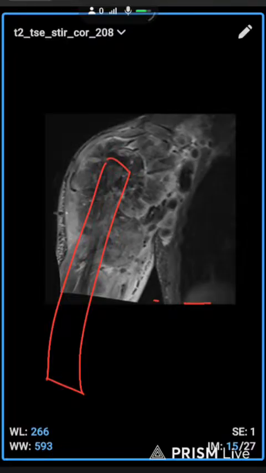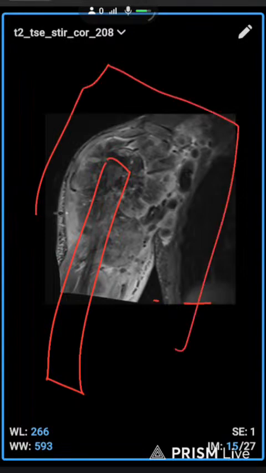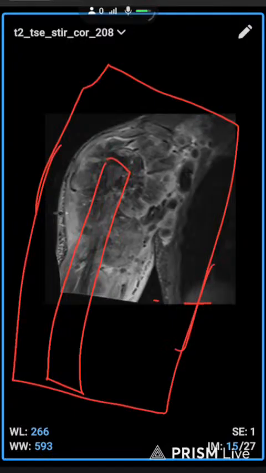So at that point we rely on experience, and we need to increase the FOV or change the sequence. That's because the shoulder sequence does not give a good result unless you increase the FOV.